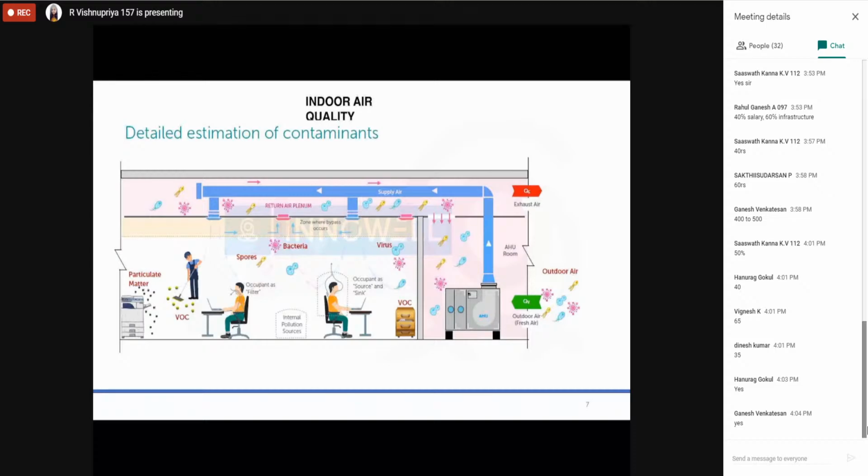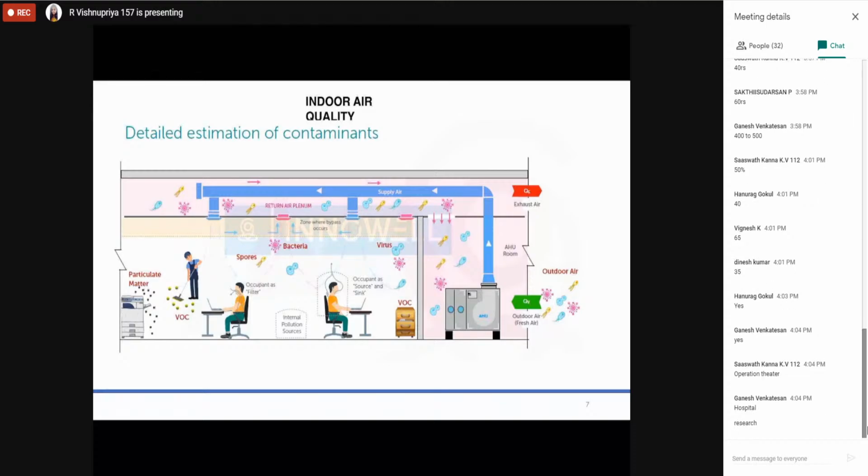In which way is it going to be helpful? Come on, quick. Operation theater. Very good, Kana. Hospitals. Kana, you have been very active. Kana, I think you already gave your contact number, right? Yes, I think you have a contact number.